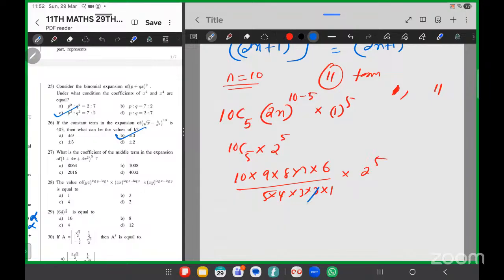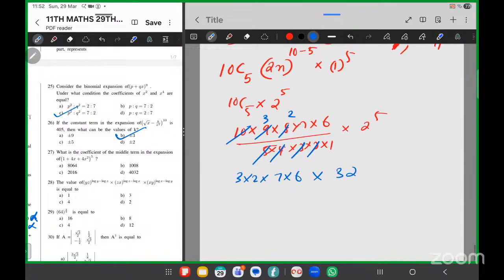Simplifying, we get 3 into 2 into 7 into 6 into 2 raised to 5, which is 32. 3 into 2 is 6, 6 into 6 is 36, 36 into 7 into 32.